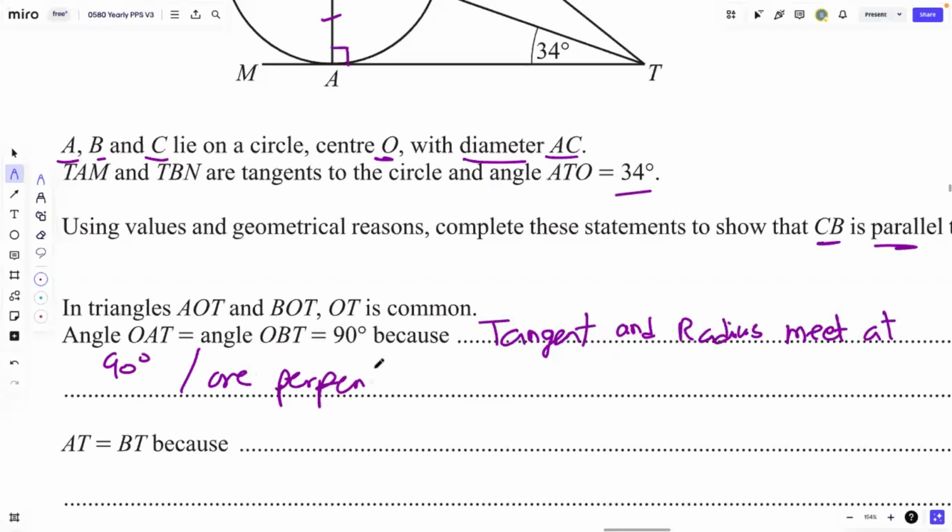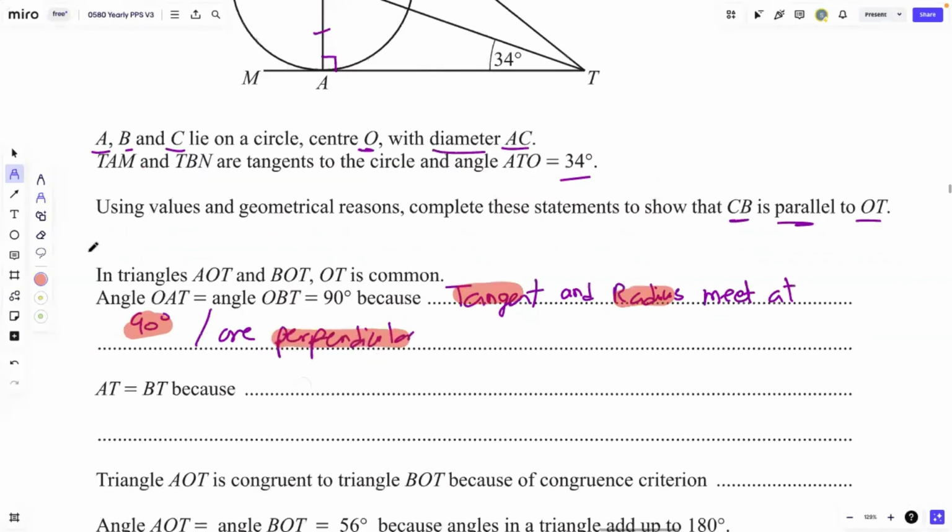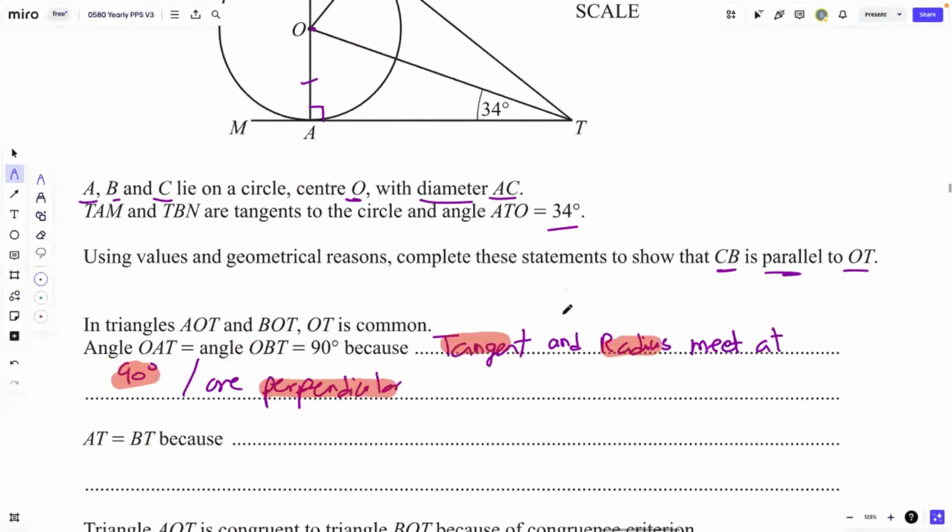Both reasonings are fine, but the keywords that you cannot miss out on in this reasoning are tangent, radius, and 90 degrees or perpendicular. These are the keywords that you cannot miss out on.